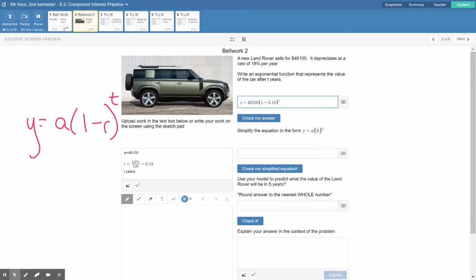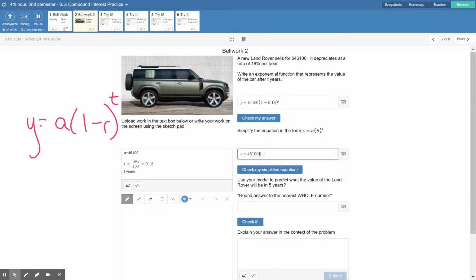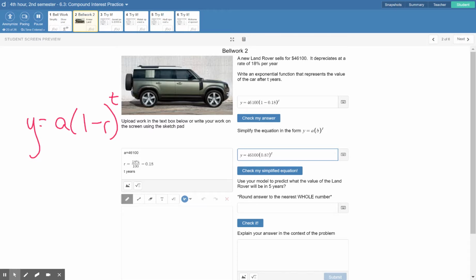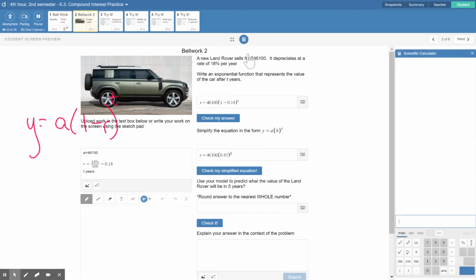Now for the simplified version, you actually minus what's inside parentheses. So 1 minus 0.18 is 0.82 raised to the t. And this part is really beneficial if you use the calculator. It says what value will the Land Rover be in 5 years. So that's where our t comes into play.